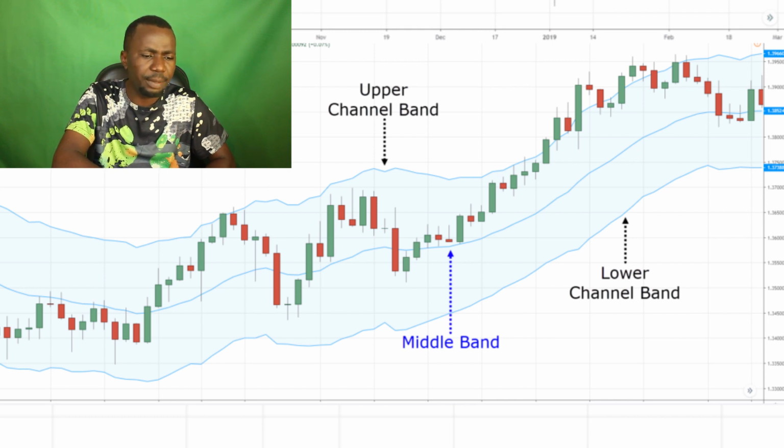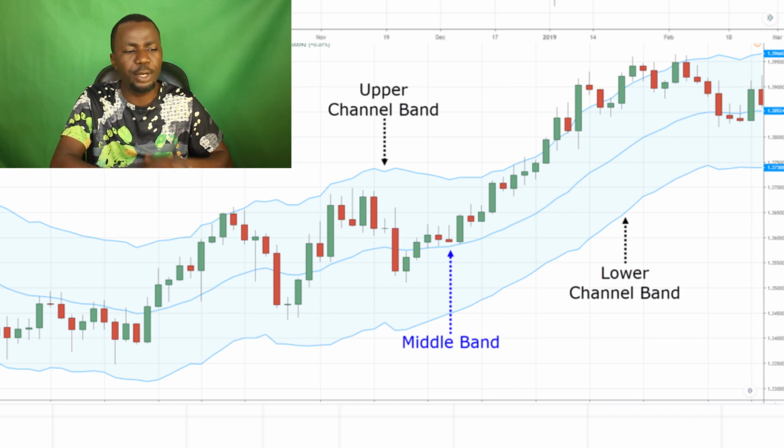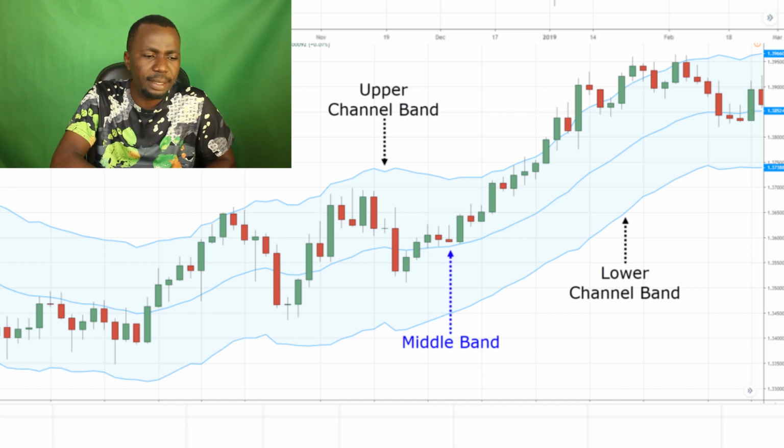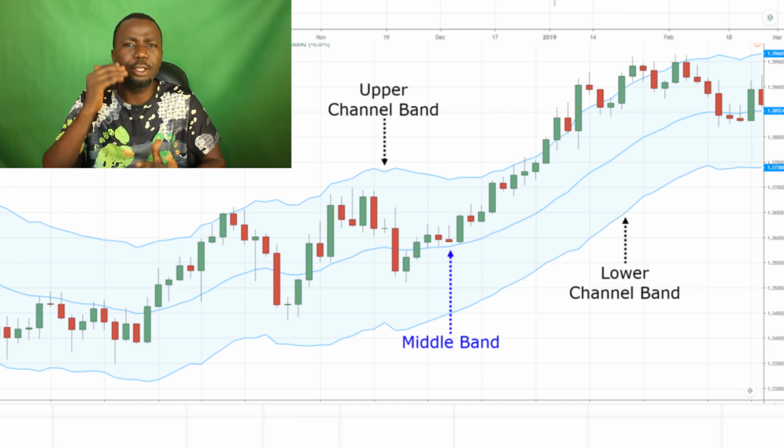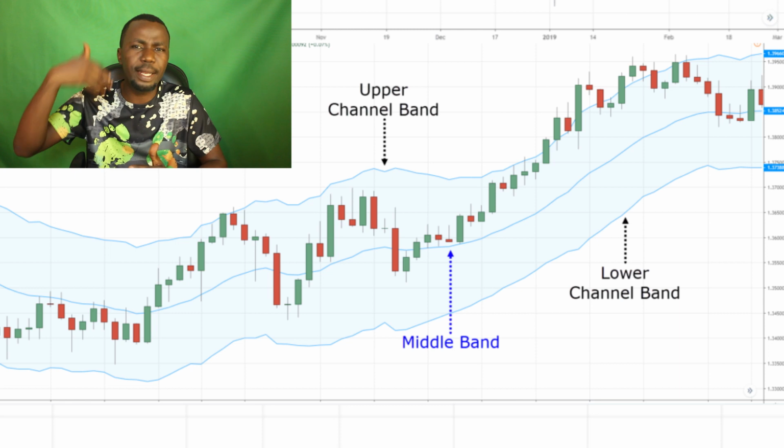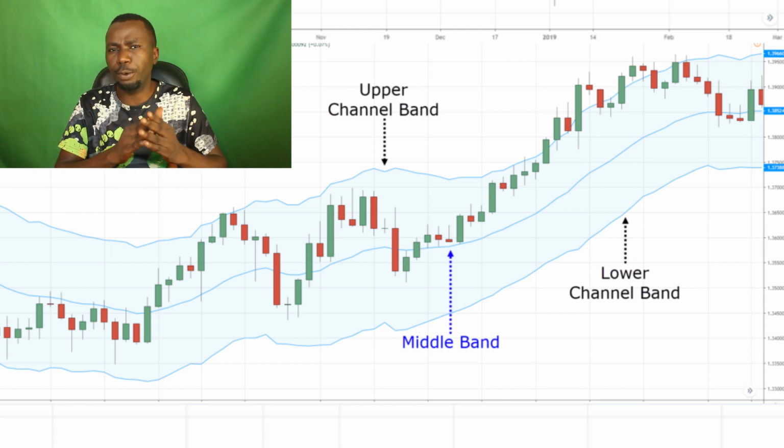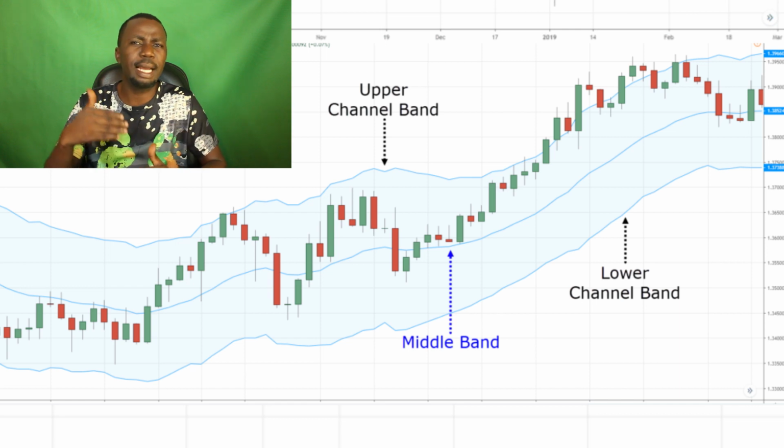Because since the price is in a strong uptrend, it's going to be breaking different resistance levels. So you don't want to short at resistance during an uptrend. You need to ride the trend. That is why it is always advisable to trade in the direction of the trend. Don't ever try to trade against the trend.